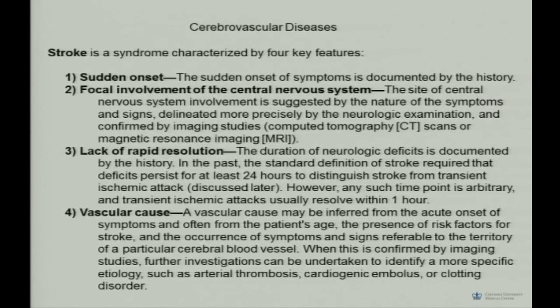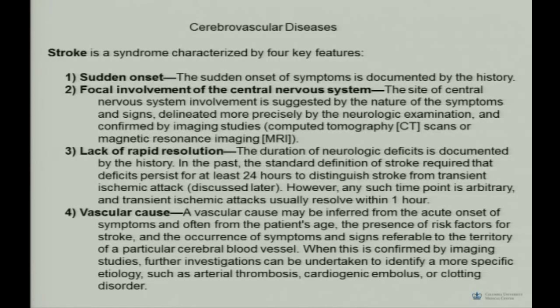As opposed to a stroke, there's also what we call TIAs, or transient ischemic events. If you're comparing a stroke to, let's say, myocardial infarction, the TIA is like the unstable angina.